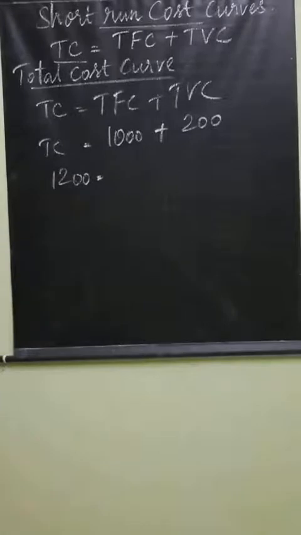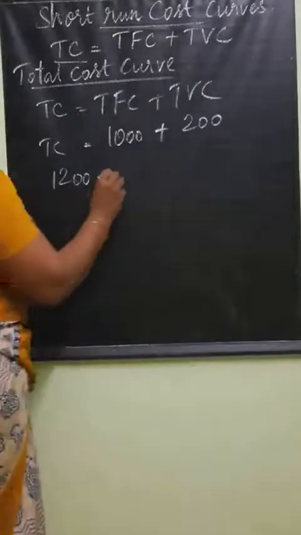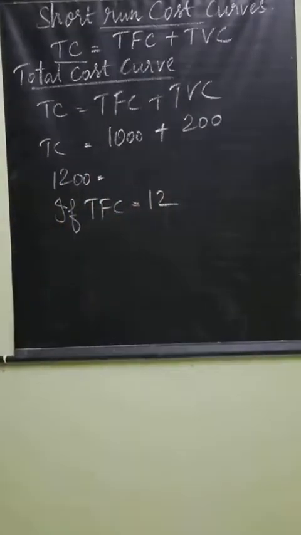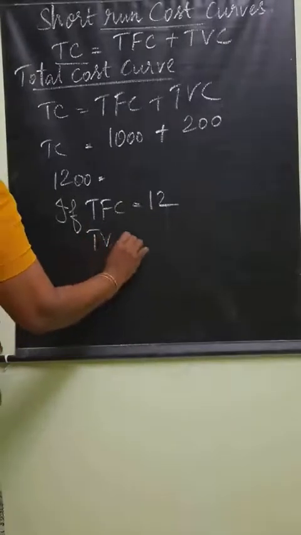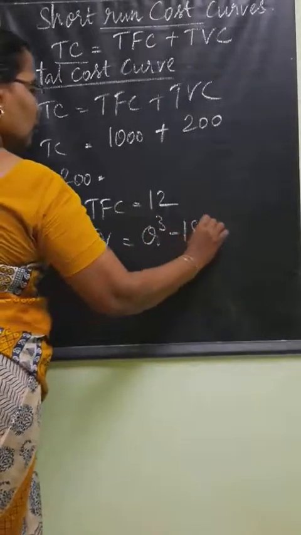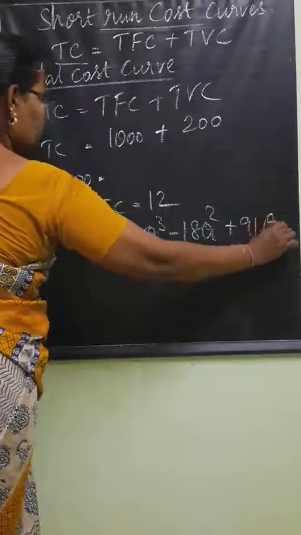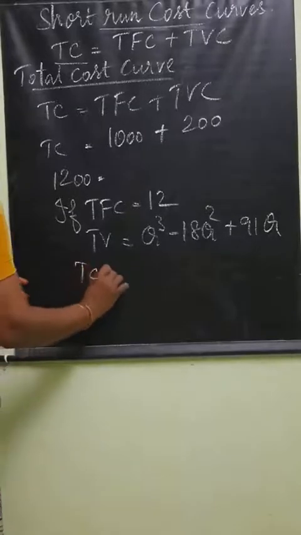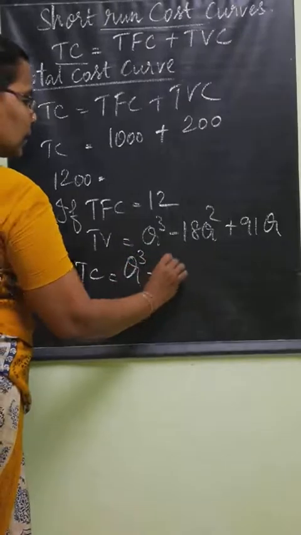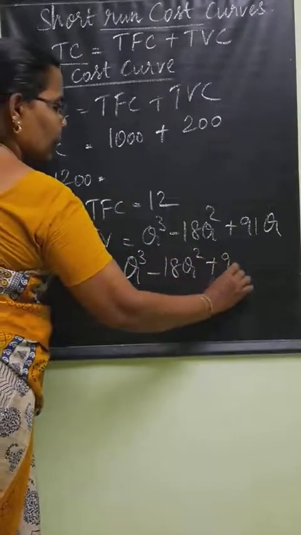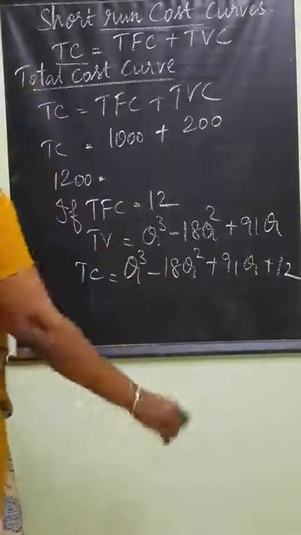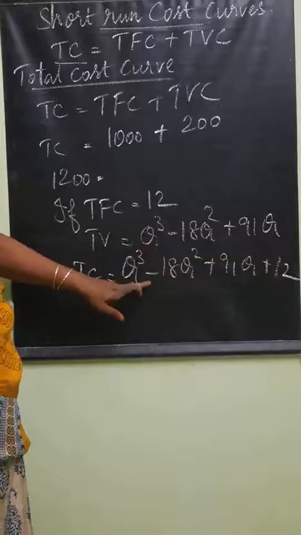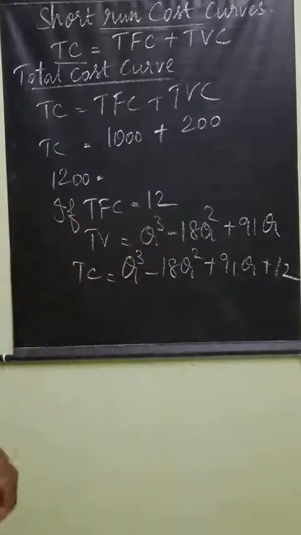So if TFC is 12, then TVC is equal to, already we studied, Q cubed minus 18Q squared plus 91Q, isn't it? So total cost will be Q cubed minus 18Q squared plus 91Q plus 12. That is total cost. Total fixed cost is 12. Variable cost is this. If you add both, you will get the total cost.